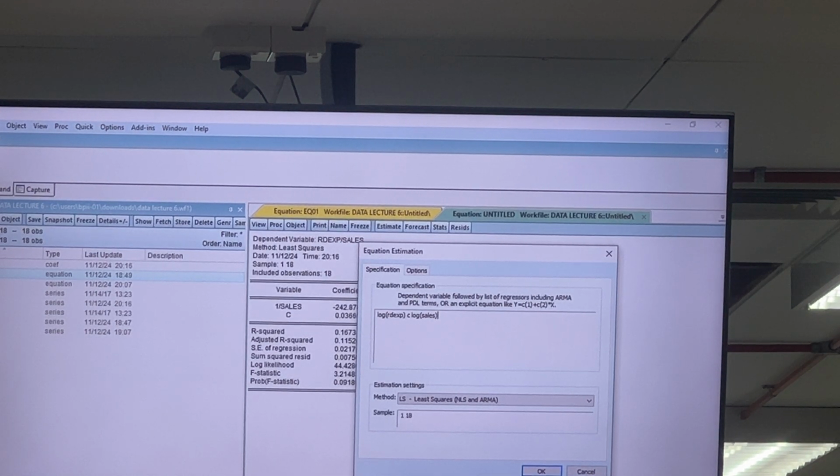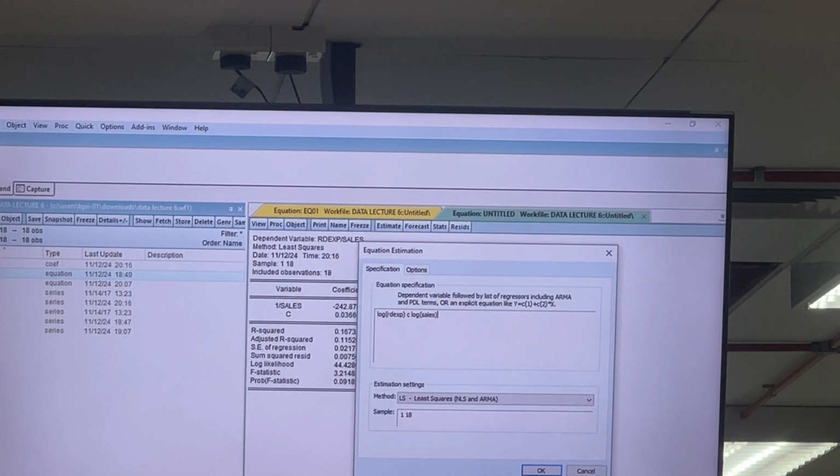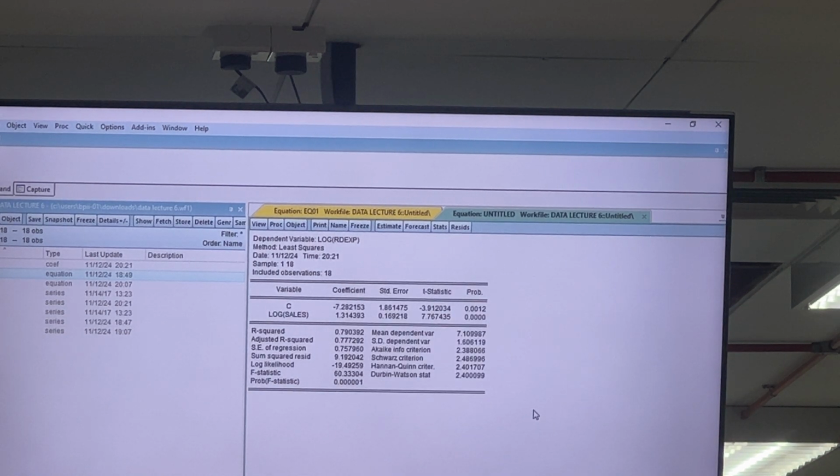So let's say if I have another x2, you can take log of x2 as well. Okay, so we get this one.